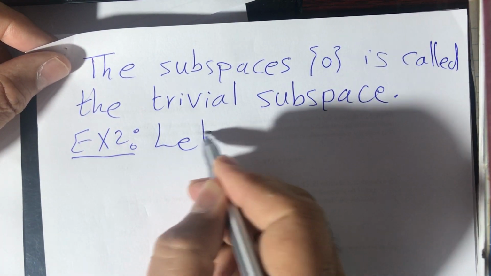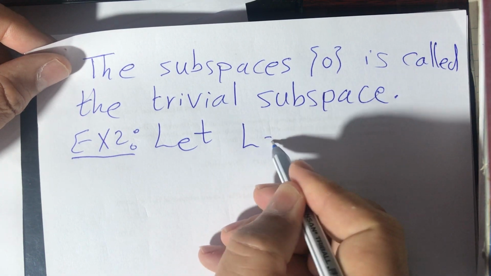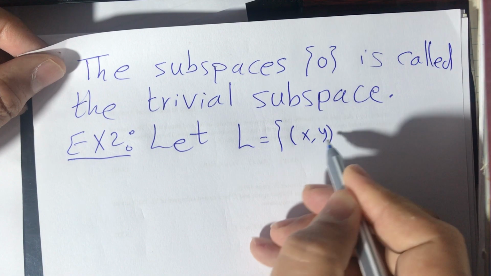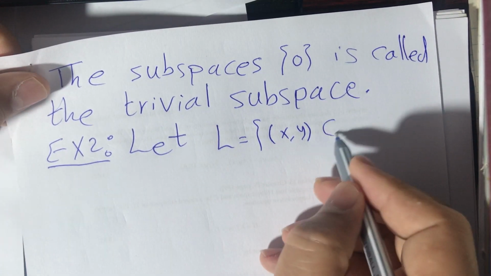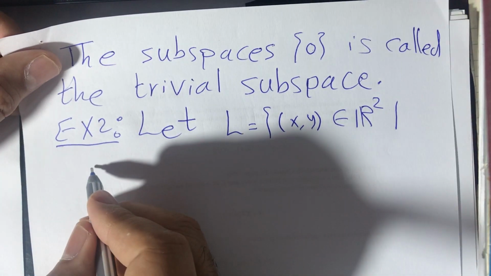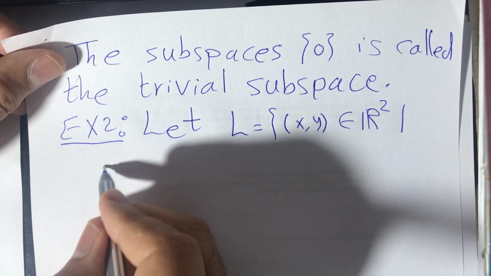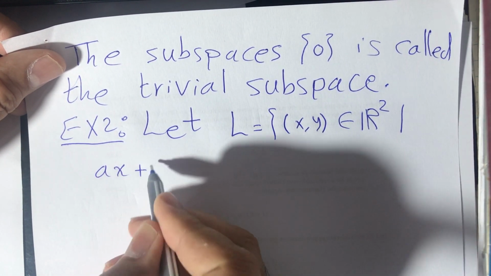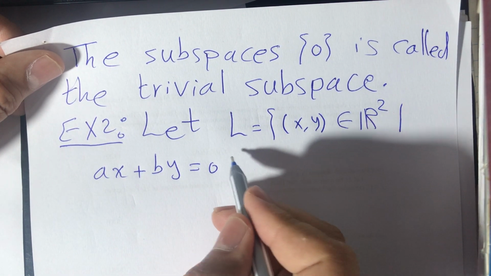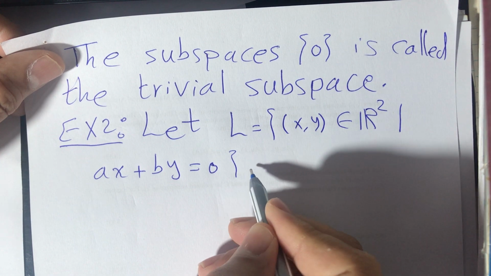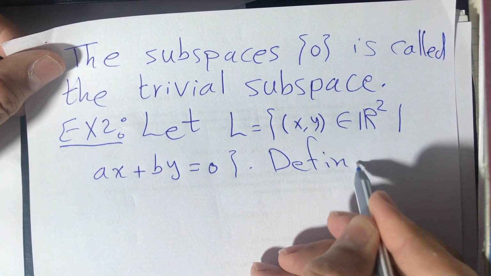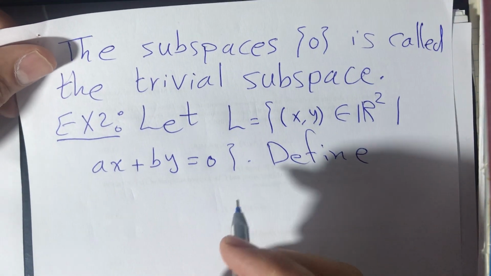Let L be equal to the set of all pairs (x, y) belonging to R2 such that AX plus BY equals 0.